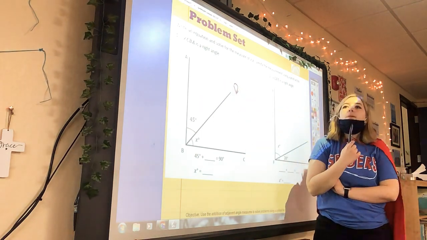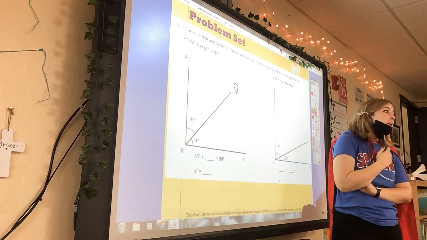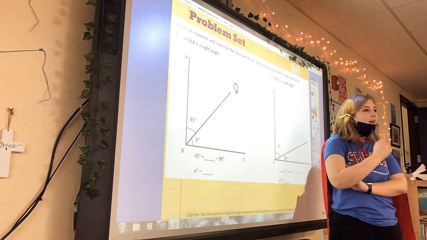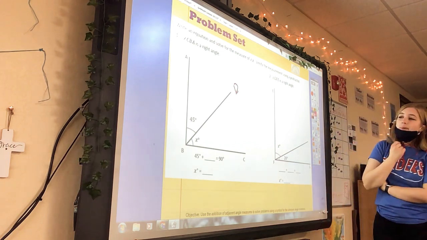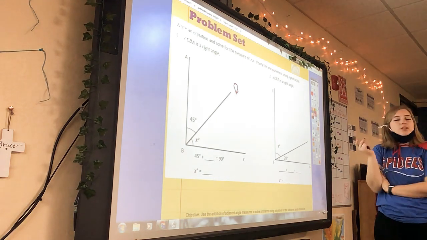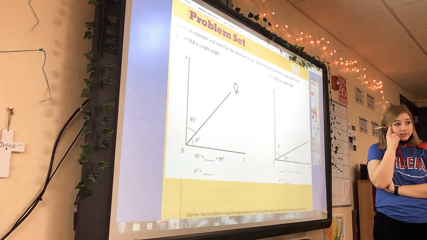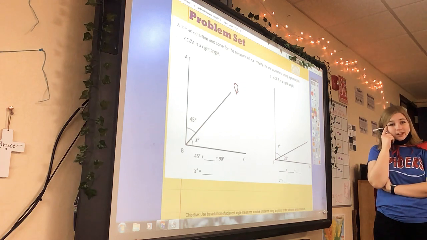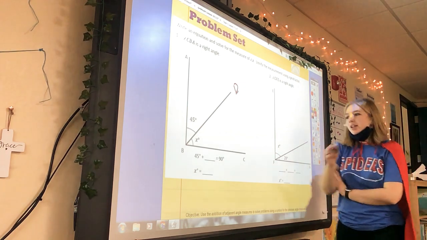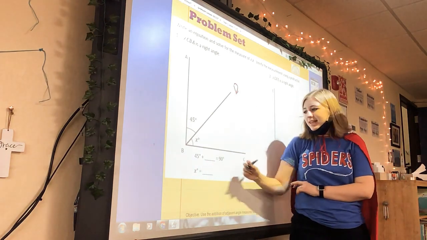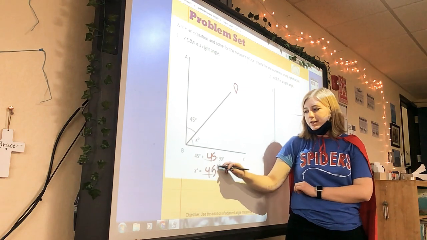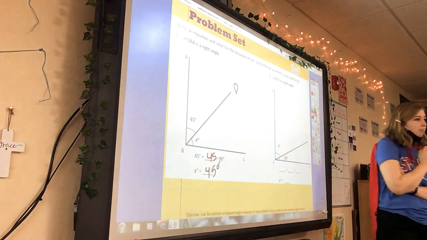If you can think of your benchmark angles, throwing it back to last week, you could solve this in your head. What would I add to 45 to get 90? 45, not quite 35. What is it, Avery? 45, okay? So angle DBC just equals 45 degrees. So x equals 45 degrees.